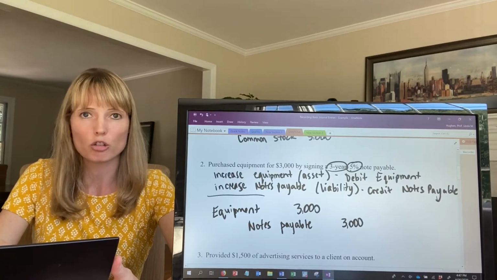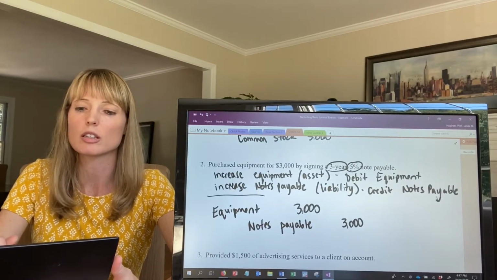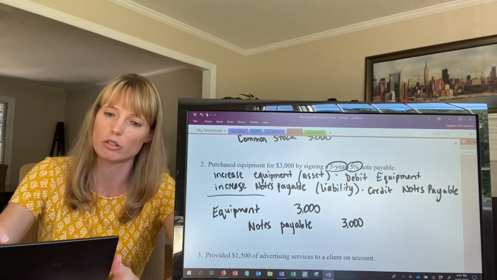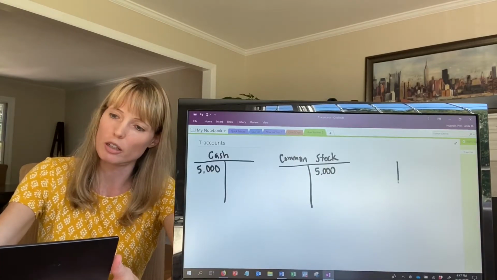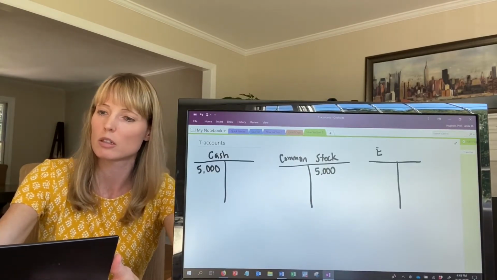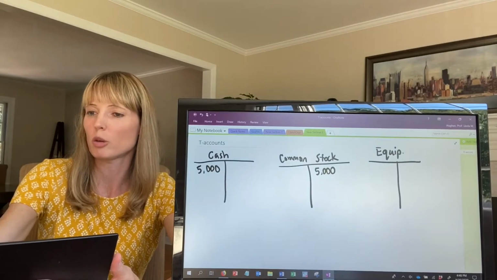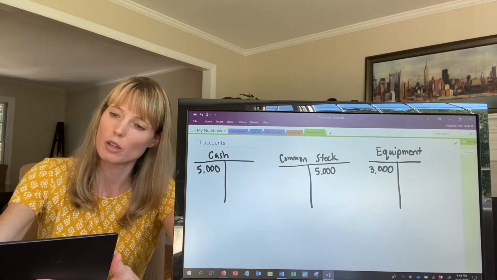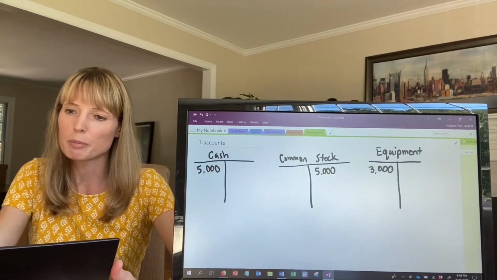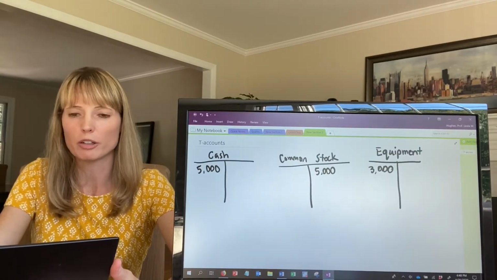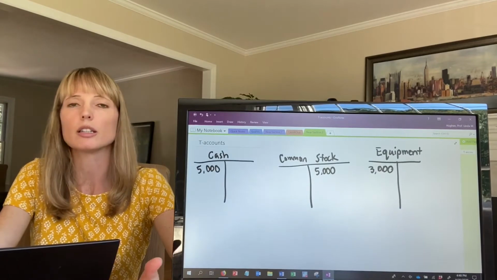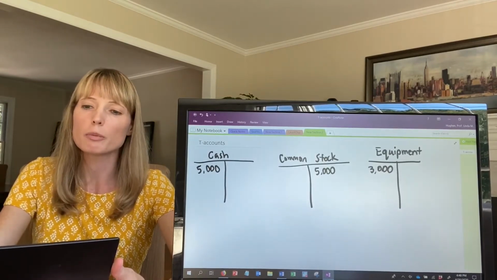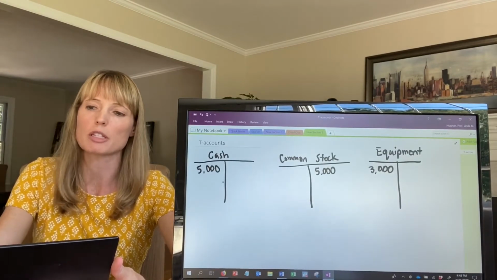Before I move on to the next transaction, I still need to post this journal entry to its ledger accounts. So I'm going to create a ledger account for equipment and show that equipment has gone up 3,000. Now, I want to keep in mind that if this was not a brand new company, if this was, let's say, the second year of the company's operations, there would be beginning balances in cash, common stock, and equipment.